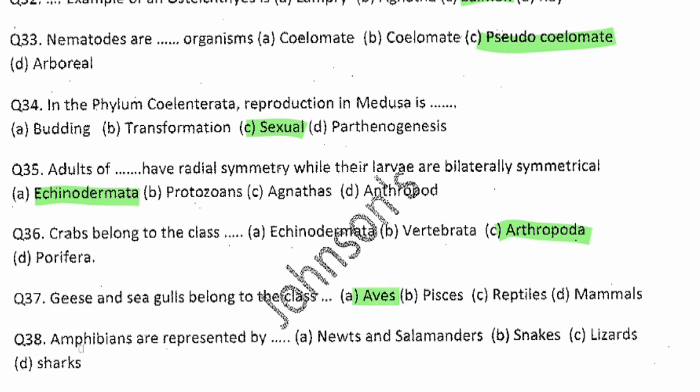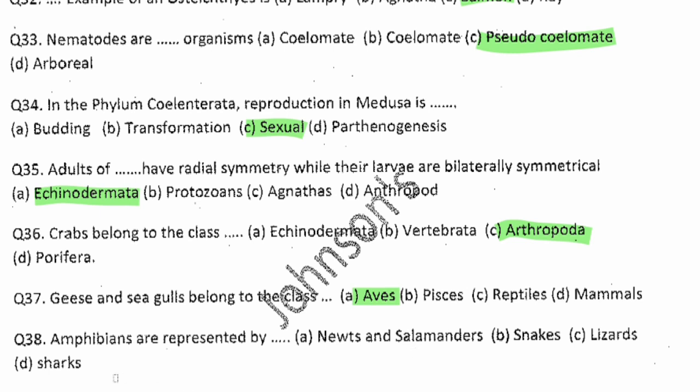Question number 38. Amphibians are represented by dash. So which of these are amphibians? I would advise, anytime you don't know the options, especially when there are OBJ questions like this, use the odd one out method. Check, is this one an amphibian? Is this one not an amphibian? So let's start from the known.